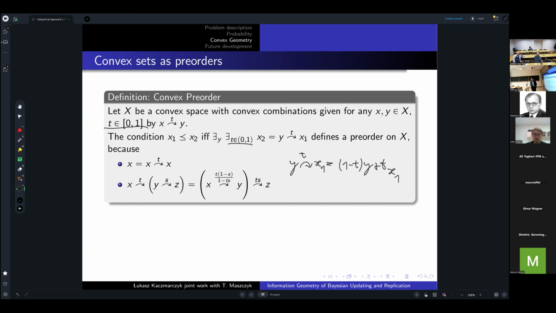In particular, you would not want 0 and 1 to be comparable at all. That's why in the definition of the preorder, you have the open interval. And that's why for reflexivity, you take the interval which all lies in the point. Every T works, well, except 0 and 1.